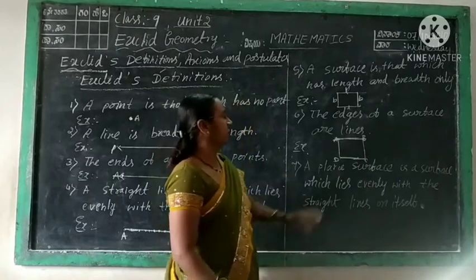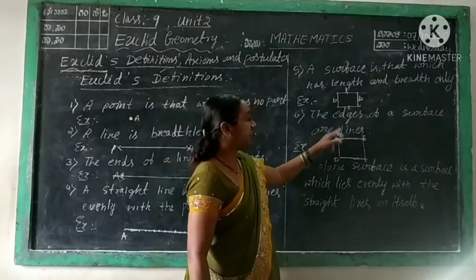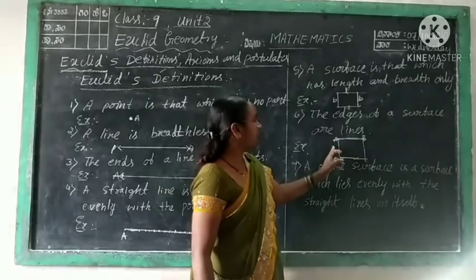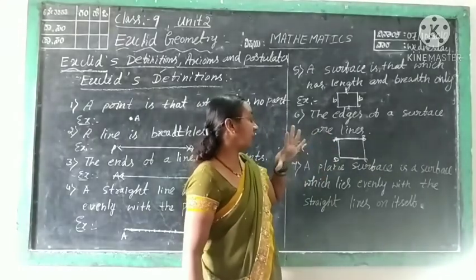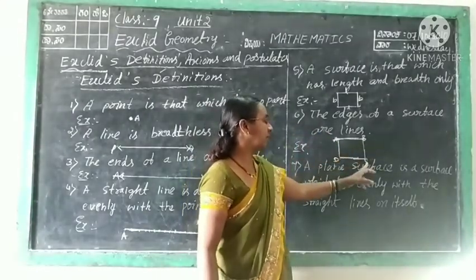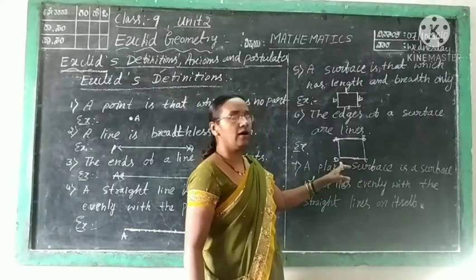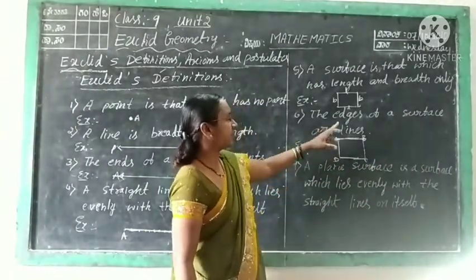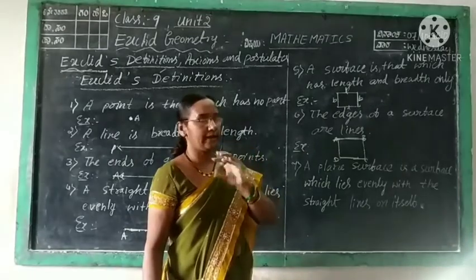The edges of the square are four lines: AB, BC, CD, and DA. The edges of the surface are only lines.